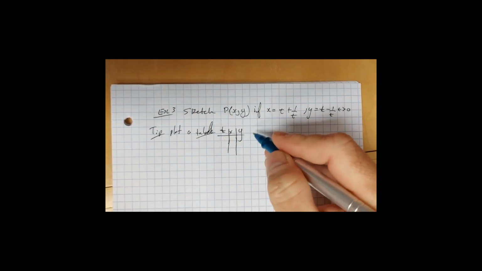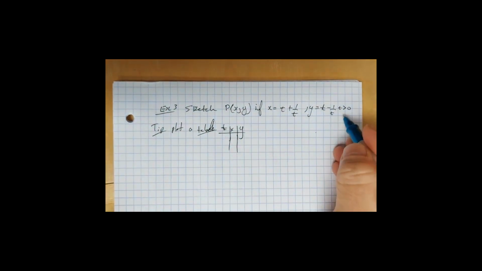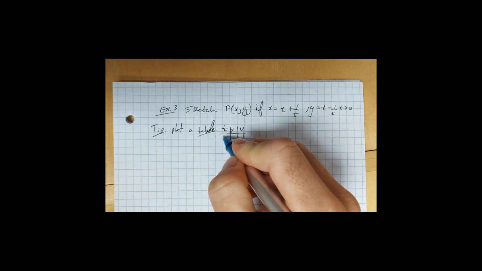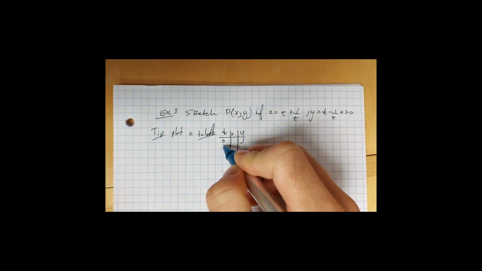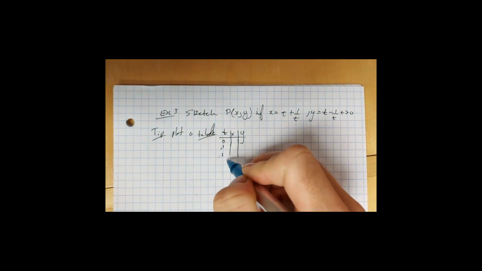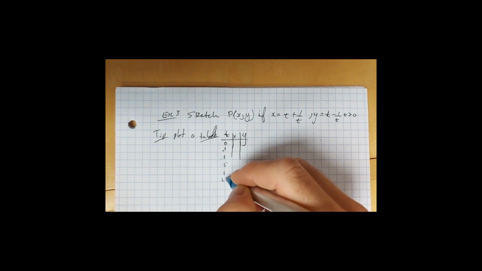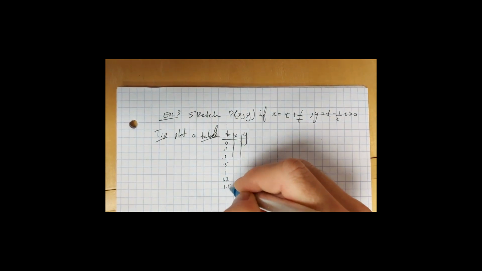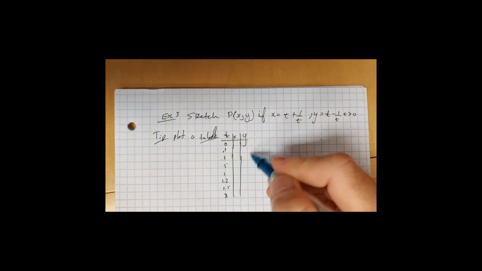All right, welcome back. Hopefully you were able to plot out some values. Since t is greater than 0, I would start with maybe 0, and then just step through it: 0.1, 0.2, 0.5, 1, 1.2, 1.5, 2, something like that, just to get a sense of the values.